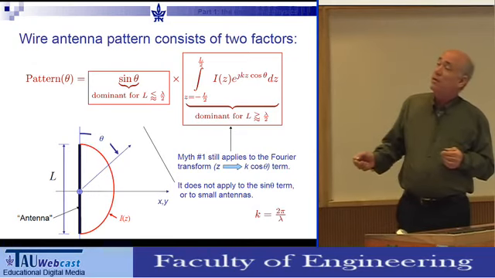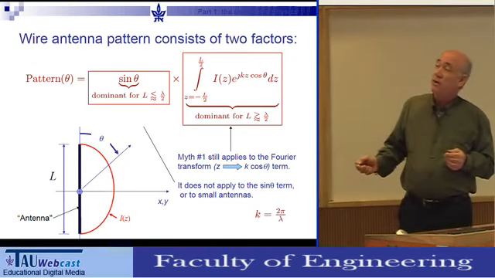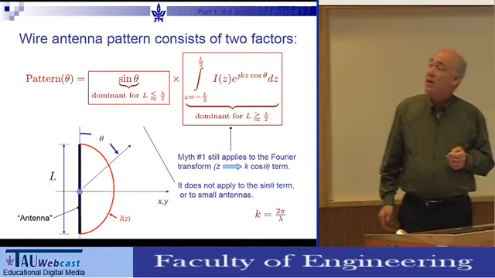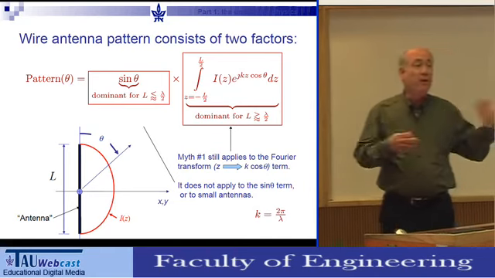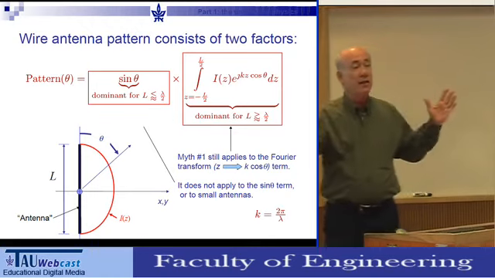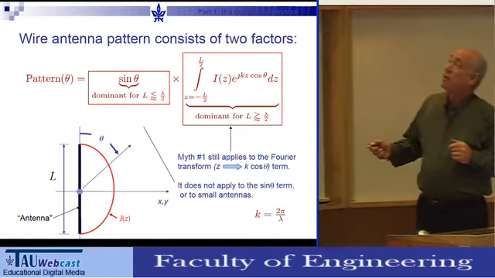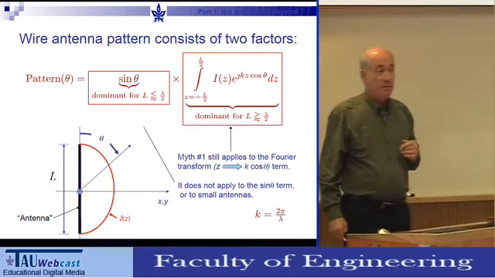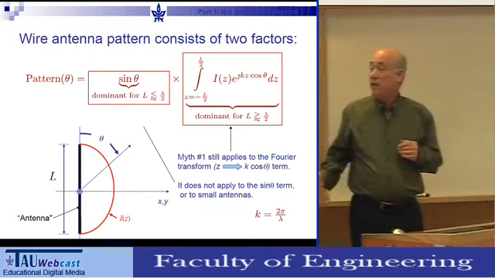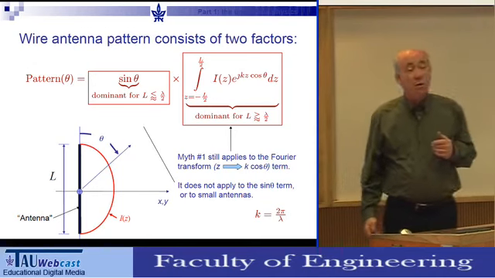But there's always another factor which is very important. There's a sine theta. Now, these 2 factors compete with each other as the size of the antenna changes. When the antenna is quite large, this is the factor that becomes dominant. In which case, the myth is actually not quite a myth. It does hold.